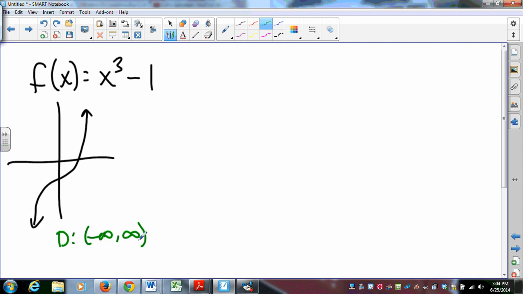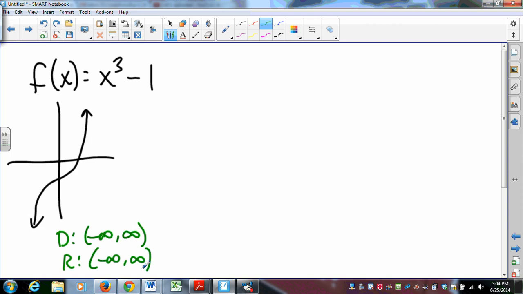It includes all real numbers. The domain of any polynomial is the set of all real numbers. There's no number that cannot be substituted into a polynomial. In this case, the range also runs from negative infinity all the way down to positive infinity all the way up.